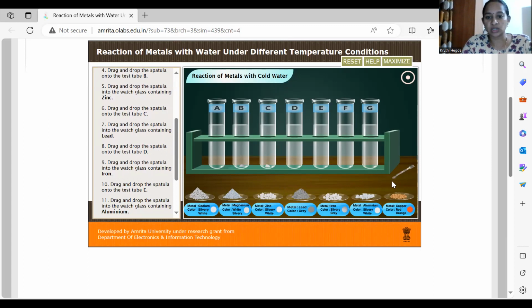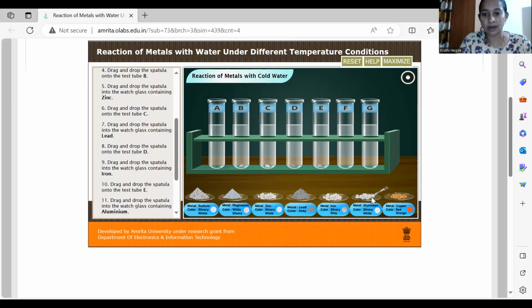No reaction again. Lead, gray color. Putting it into test tube D. No reaction again. Iron, silvery gray color. Putting it into test tube E. No reaction again.